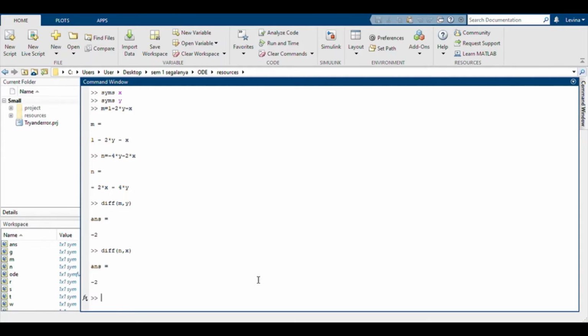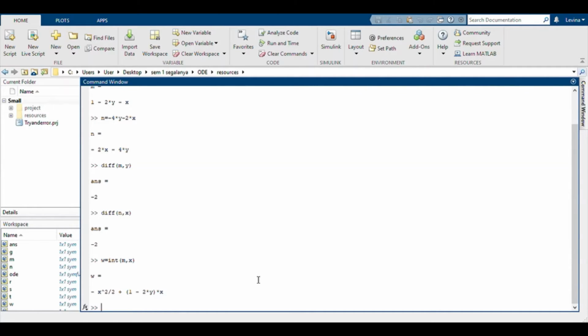Then we can solve the exact differential equation. Firstly, we set w equals to integration of m in terms of x, and then we get the answer. Next, we let r, derivative of w in terms of y, then we let s, n minus r.